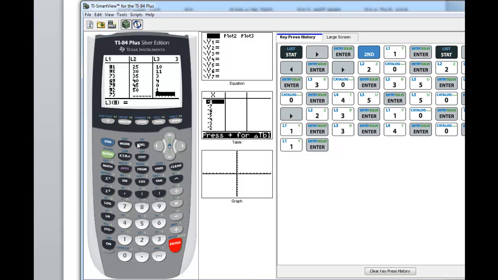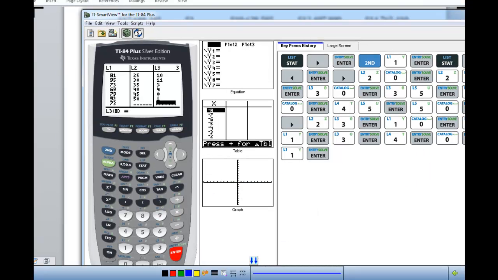And so this time we're going to use a slightly different syntax. Syntax is the language that you have to speak to a computer or a program in. So this time I'm going to do one variable stats. This is for a frequency distribution.